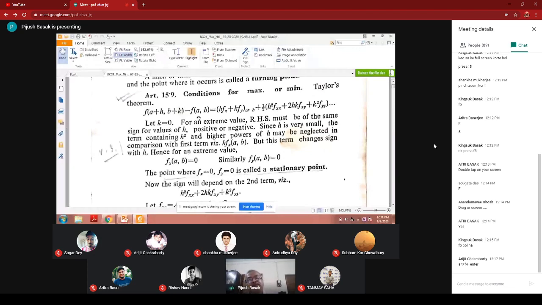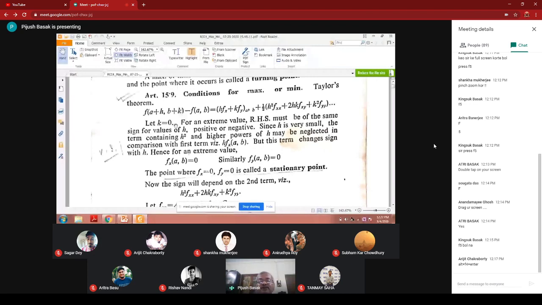It is h f suffix x, that is partial differentiation of f with respect to x, plus k into fy, that is partial differentiation with respect to y at the point a, b, plus half of h square fxx plus 2hk fxy plus k square fyy plus higher order terms. I will not consider the higher order terms. I will retain up to here. Let k is equal to 0. Let there be no shift in the y-axis.